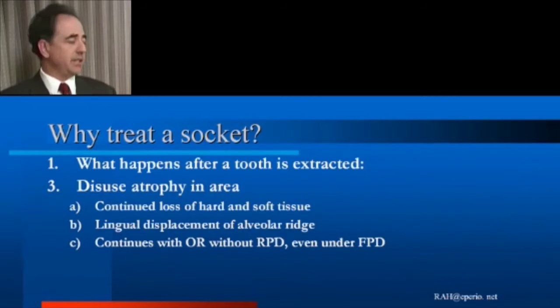If we do not treat a socket at the time of extraction, as we saw in the previous patient, we have disuse atrophy. The bone disappears, we get lingual displacement of the alveolar socket, and in this case, a much greater proximity to the alveolar nerve, precluding placement of a dental implant in the area. Patients like this often do not have the available bone to even support a removable prosthesis, nor a fixed prosthesis with an aesthetic pontic.